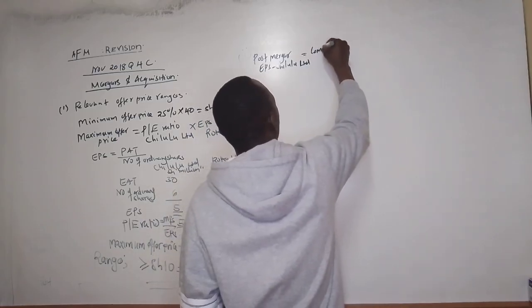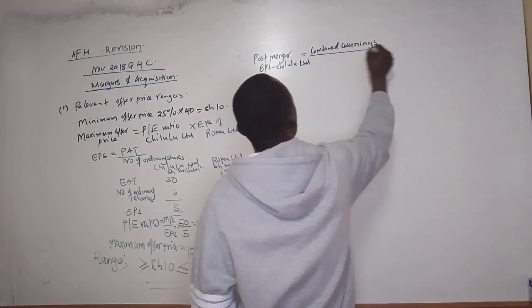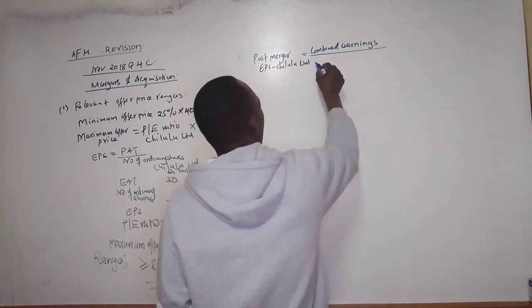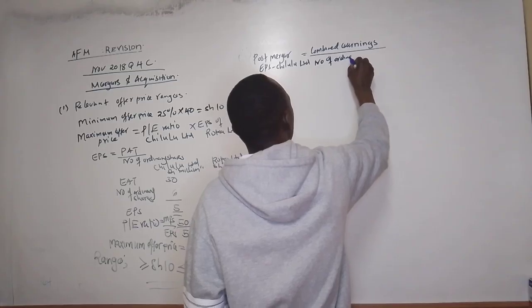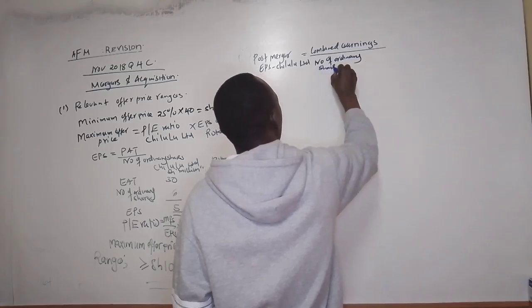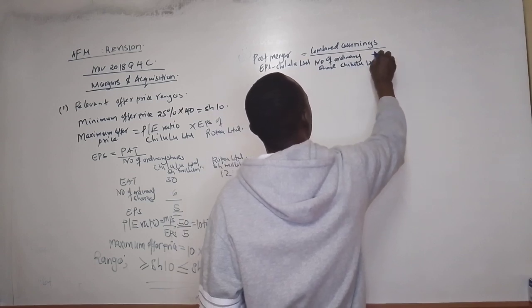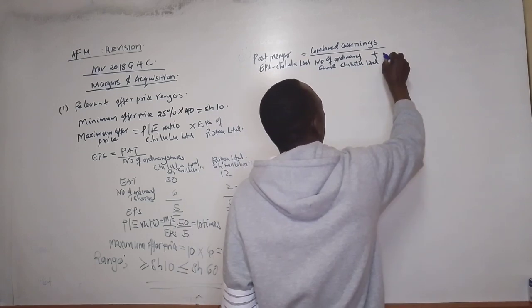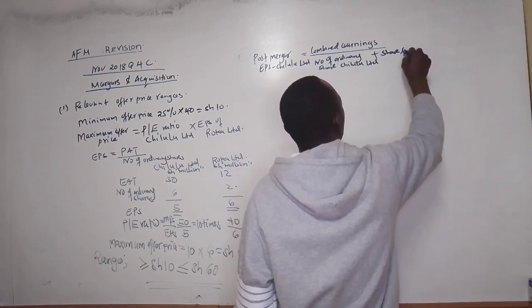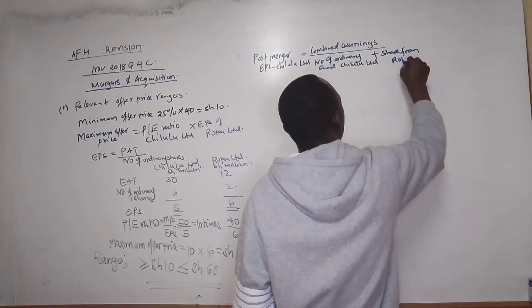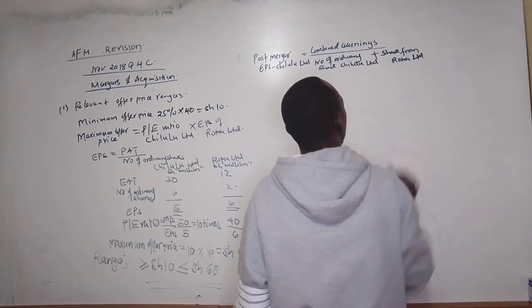We take the combined earnings, then divide by the number of ordinary shares of the predator, which in this case is Chiruru Limited. Then we add the shares from Roka Limited.